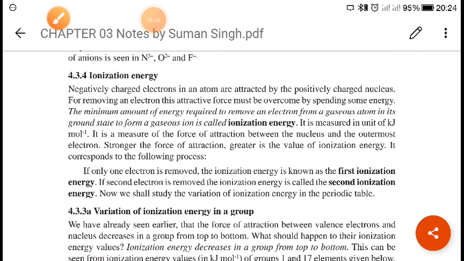Okay, so now we will see the factors on which this ionization energy depends. First of all, number one will be the size of atom.